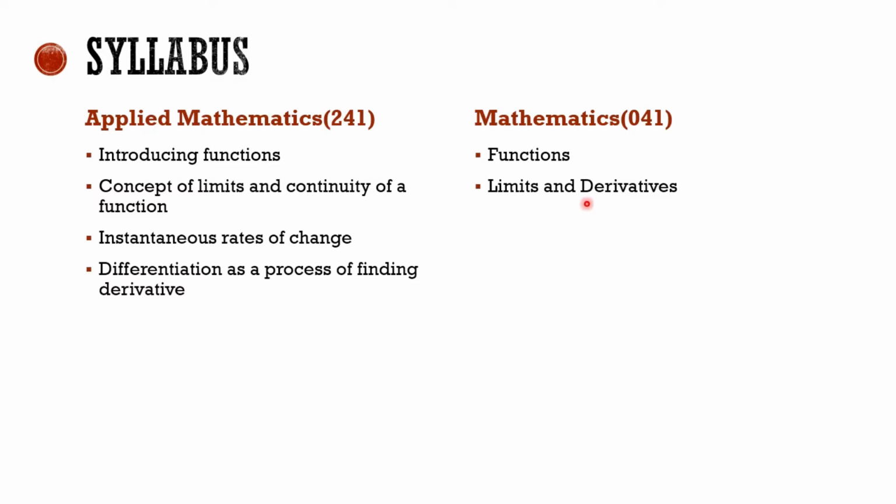Limits and derivatives as a chapter is given in mathematics core. Here in applied mathematics, tangent line and equations of tangent are given, which is not given in mathematics. It is an additional topic given in applied mathematics.